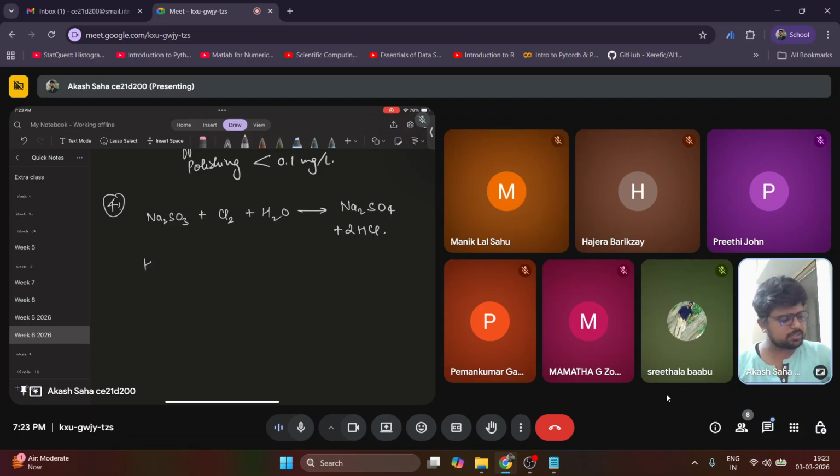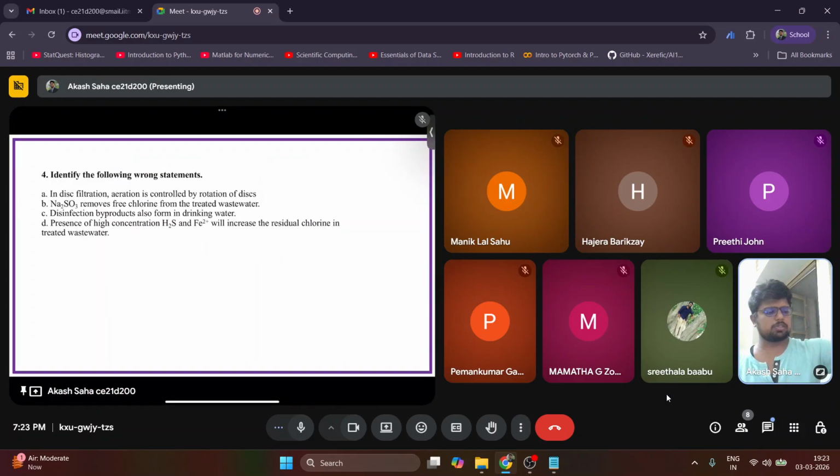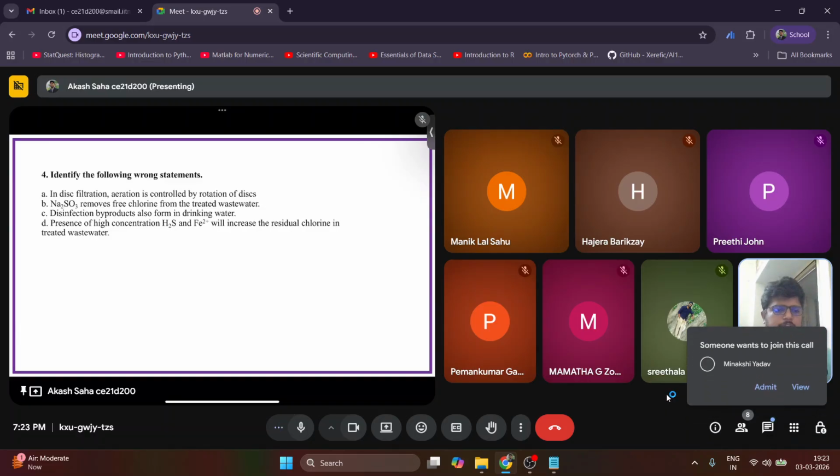Whereas if H2S and some Fe2 plus are present, these will get oxidized. H2S will get oxidized to sulfate, and Fe2 plus will get oxidized to Fe3 plus. So these are reducing agents because they are getting oxidized. Because of these things, the effect of chlorine will get decreased, and a lesser amount of chlorine will be available for disinfection. So these are kind of quenchers of chlorine.